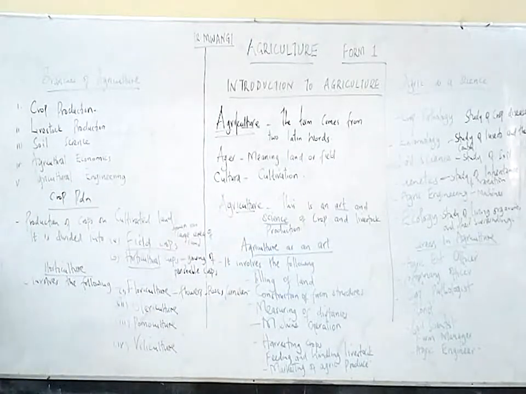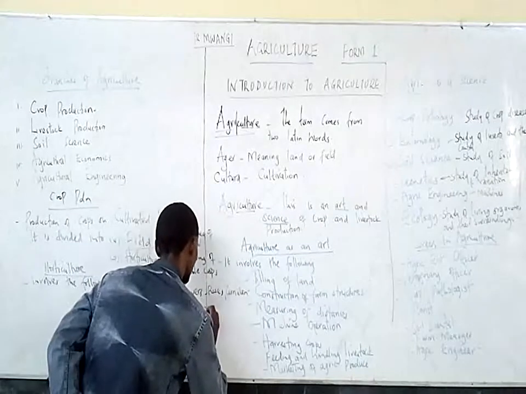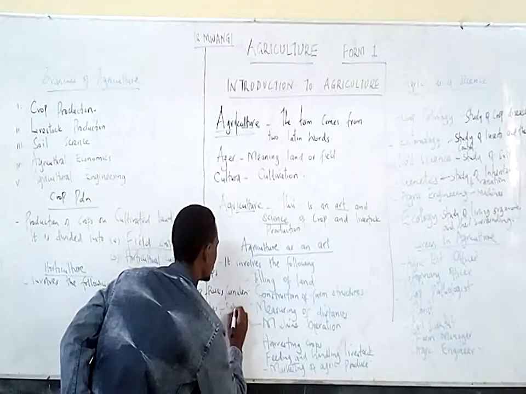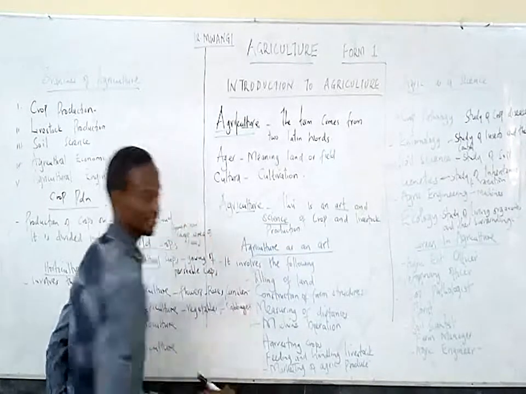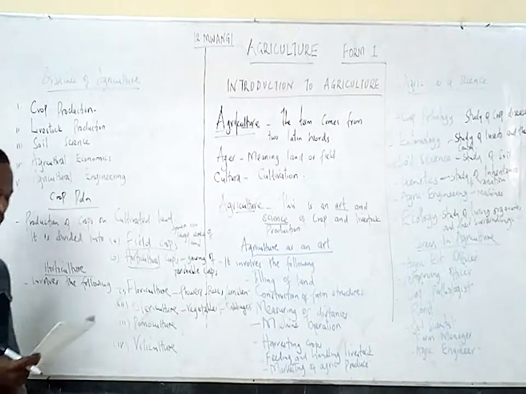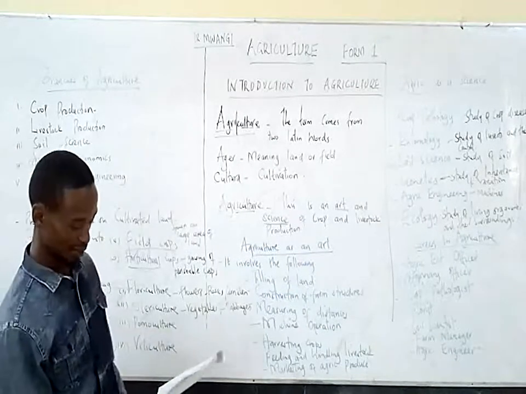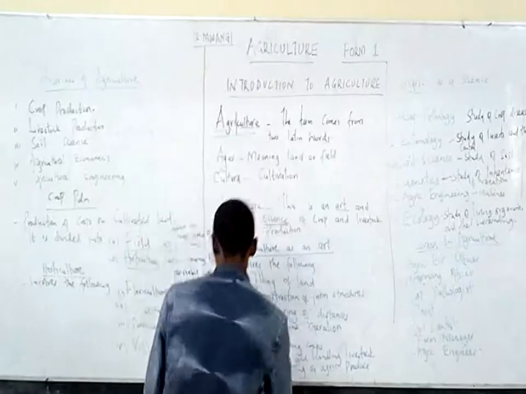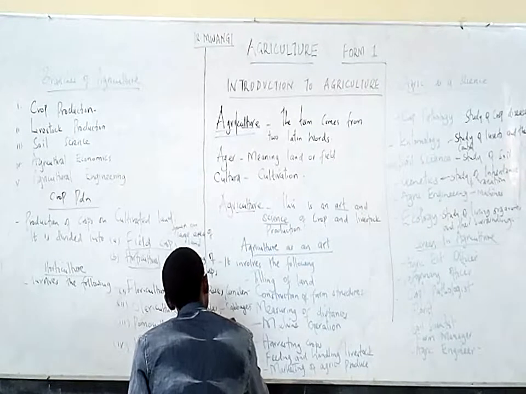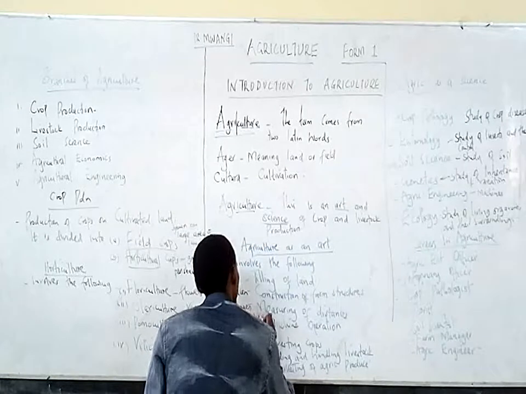Then you have olericulture, which is the growing of vegetables, e.g. cabbages, kales, spinach, etc. Then you have permaculture, which is the growing of fruits, e.g. avocados, mangoes, passion fruits, citrus, oranges.